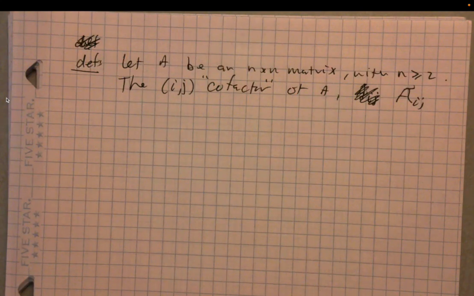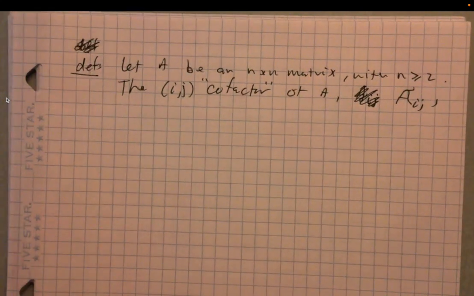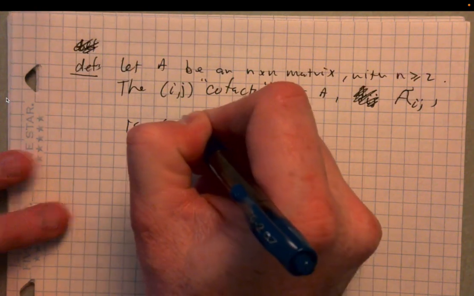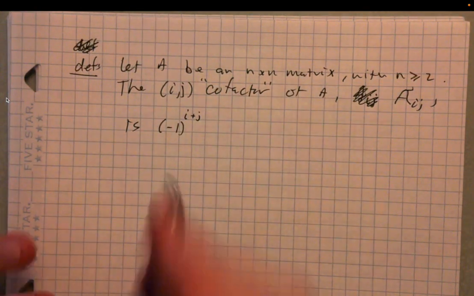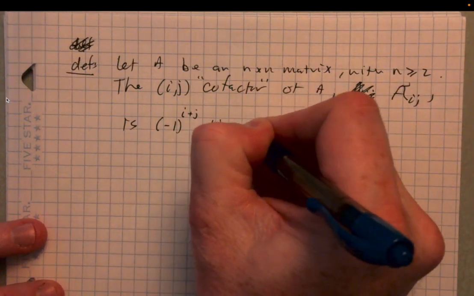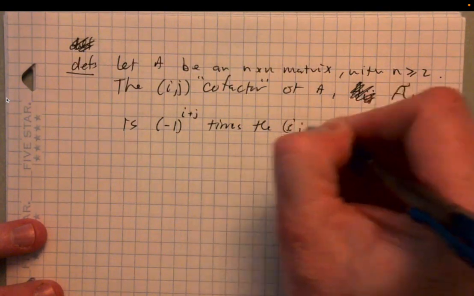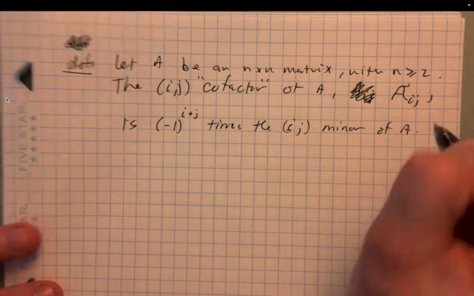So the ij cofactor of A, denoted with this cursive script, is going to be -1 raised to the i plus j power times the ij minor of A. So what does all this mean?